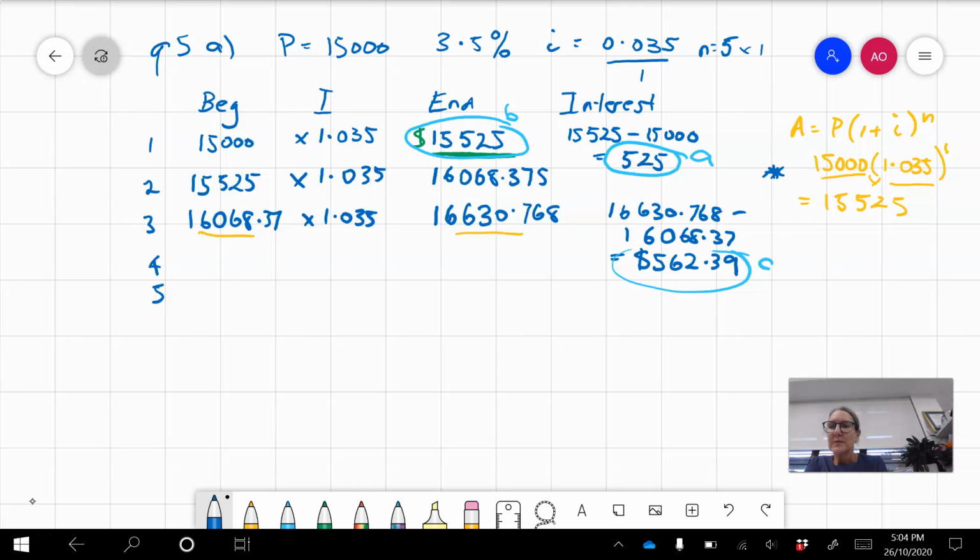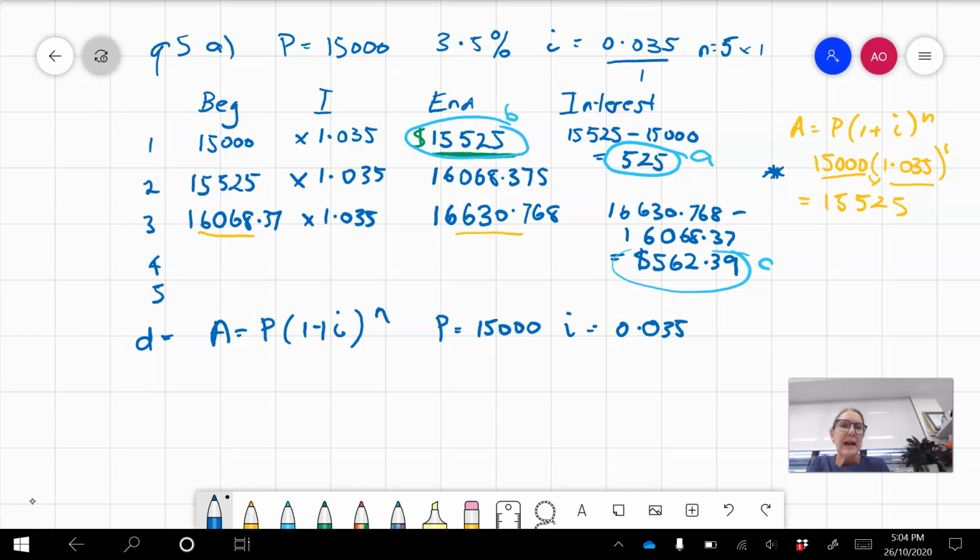So the answer for D, the total amount that he would have after 5 years, is the principal times (1 plus i) to the n, where the principal was equal to 15,000, the i is still equal to 0.035 divided by 1, and now the n is equal to 5.